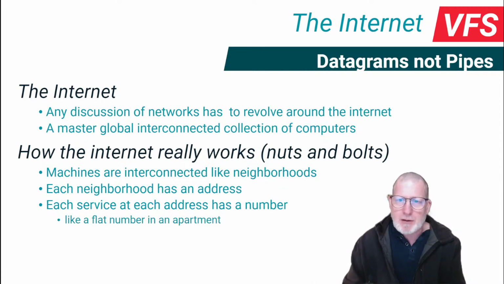Remember, our operating system is running multiple different programs. So we have to have some way to figure out which program we are going to talk to. And to do that, we're going to combine a couple things together. We're going to combine an internet address with what we call a port number.